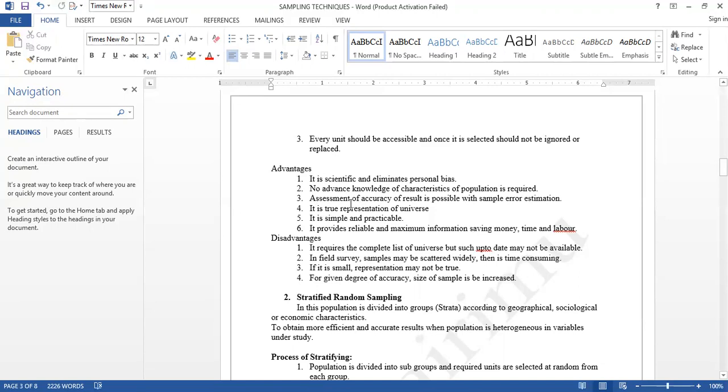Another very important advantage is that there's no such high level of education required for you to select the elements from the population. Neither do you need to know better the characteristics depicted by the elements constituting your population.